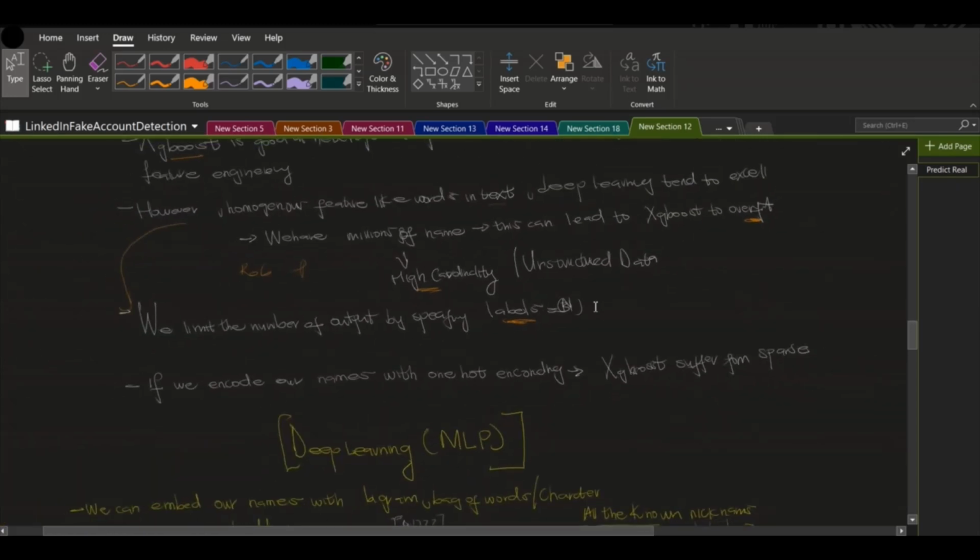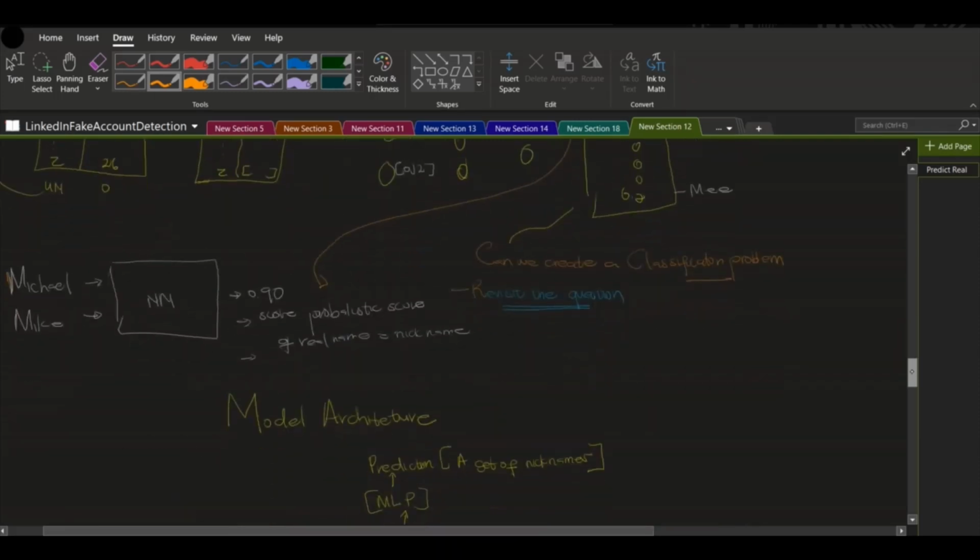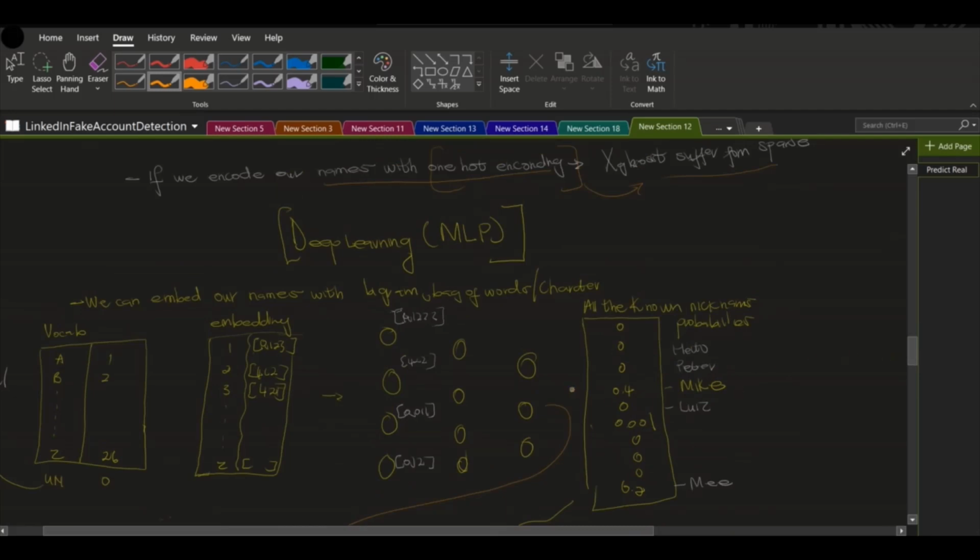We want all the real names that might be associated with that nickname. Another thing is that we need to encode our names with one-hot encoding, and XGBoost can suffer from sparsity because there are so many names. If you apply techniques like one-hot encoding, it's really going to affect our model's performance. One technique we can look at is the multi-layer perceptron, whereby we embed our names with bigrams and bag of words.